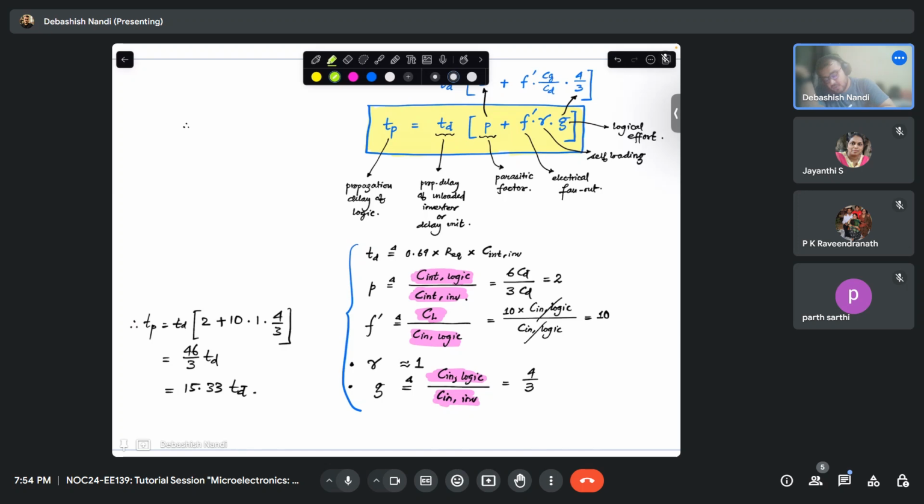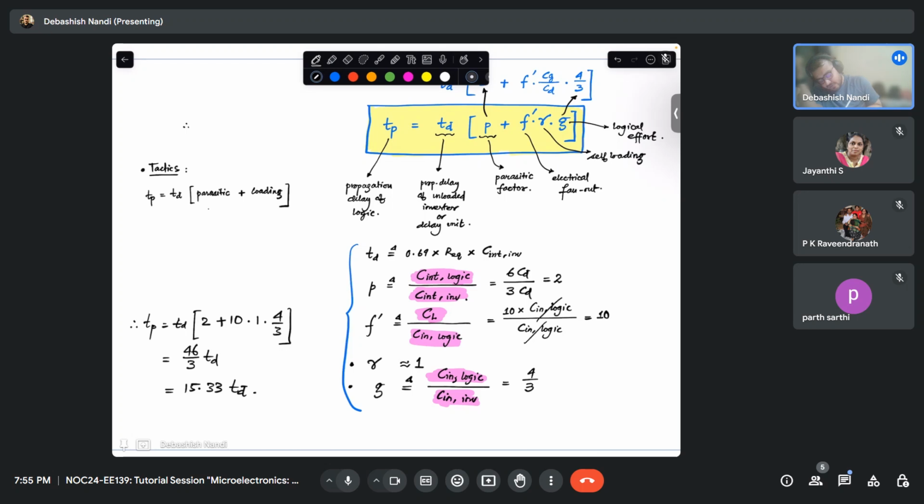The tactic will be that you understand that TP will be some inverter delay times parasitic plus loading.